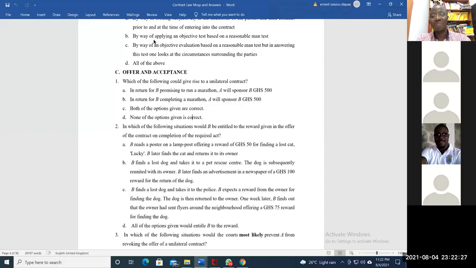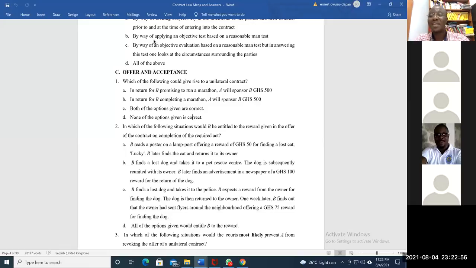But there's still a catch, a problem, because B appears to look like an example of past consideration. Like in return for completing a marathon, A will sponsor. It is as if the marathon has been completed already, and A is promising to provide the sponsorship. But that is not how a unilateral contract is.